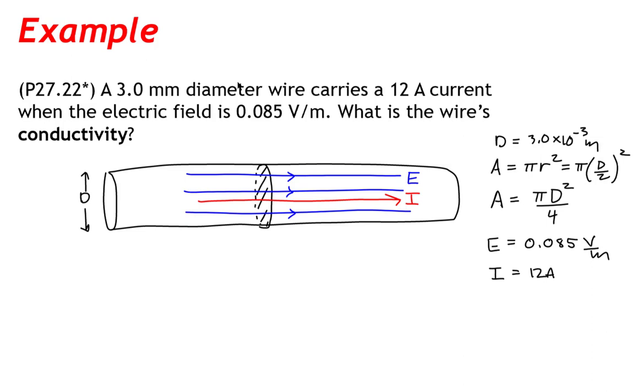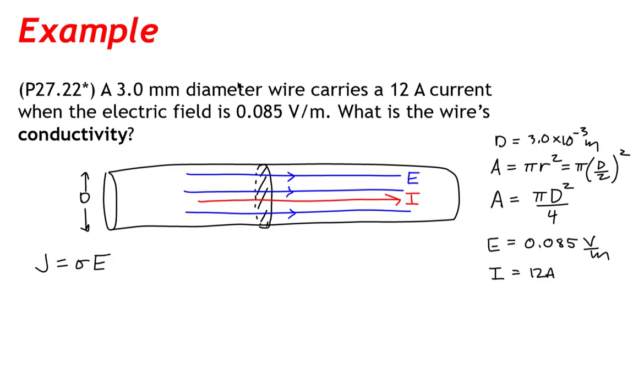Now, to find the conductivity, we should recognize how we first discovered what conductivity is. Conductivity was given as the proportionality constant between current density and electric field. So current density is directly proportional to the electric field, where the proportionality constant is the conductivity.